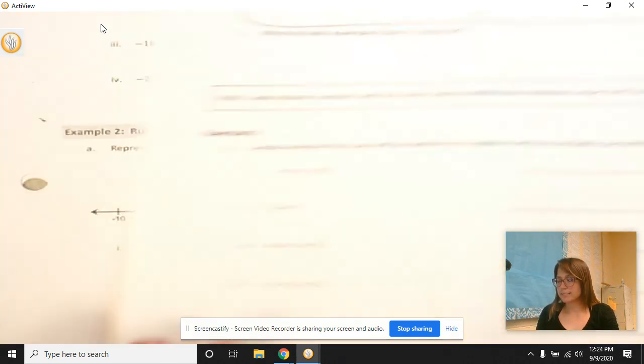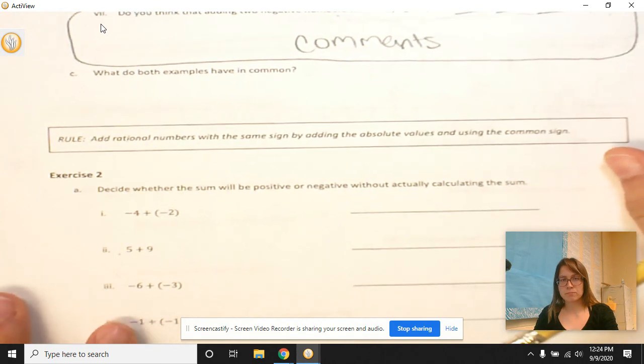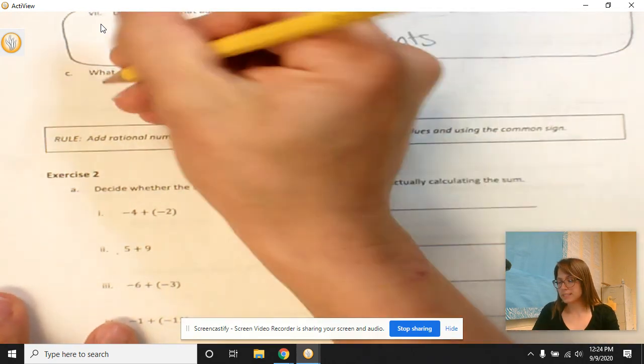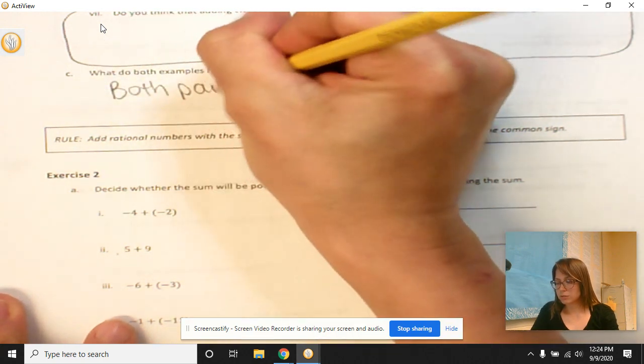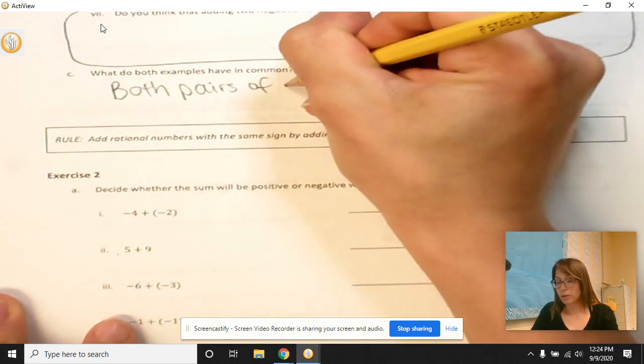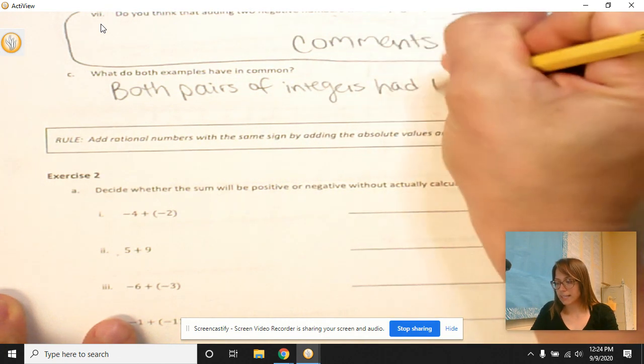How are those two examples similar? What do they have in common? So you might be saying both pairs of numbers, or integers rather, had the same sign.